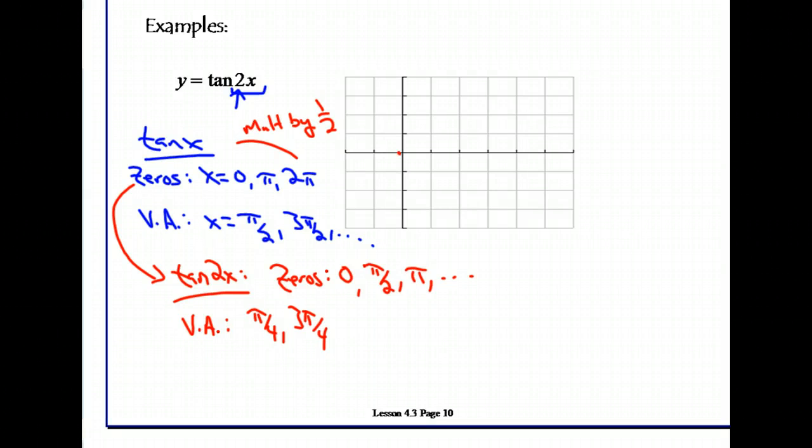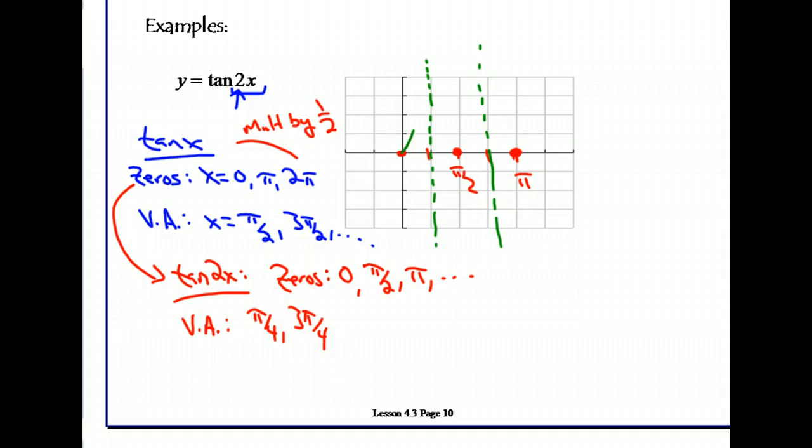I'll put a 0 right there, and then I'm going to label this pi halves. Got a 0 there, and there's pi. Got a 0 there. My vertical asymptotes are at pi fourths and 3 pi fourths. So there's a vertical asymptote. There's a vertical asymptote.